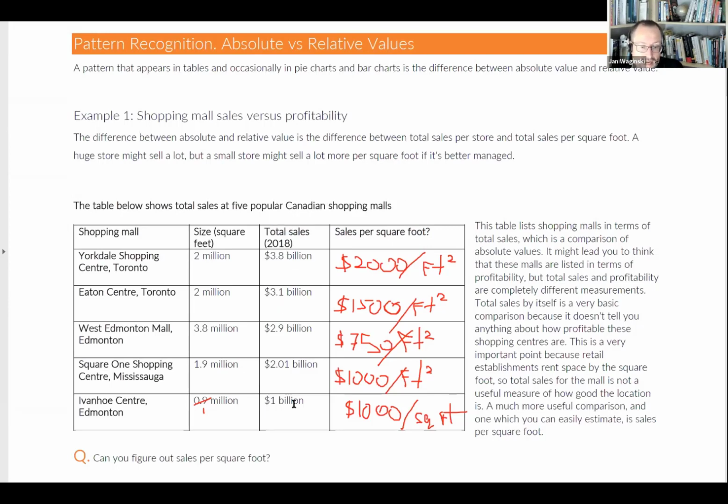If you just go by absolute values, then you don't know which of these malls is the most profitable, because the fact that something makes the most money as a raw number doesn't mean it is the most profitable. That happens to be true here, but it's often not true.